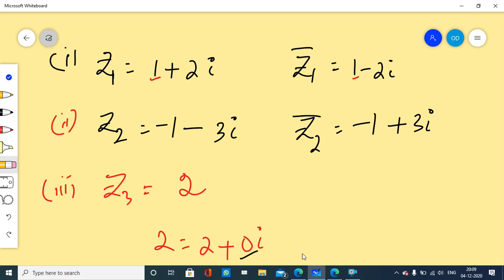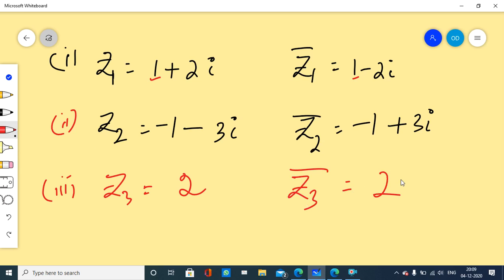So this is a complex number and I want you to find its conjugate. What will be its conjugate? Same 2, right? Because while finding the conjugate, you will not touch the real part. Here the real part is 2; keep it as it is. Simply reverse the sign of the imaginary part.